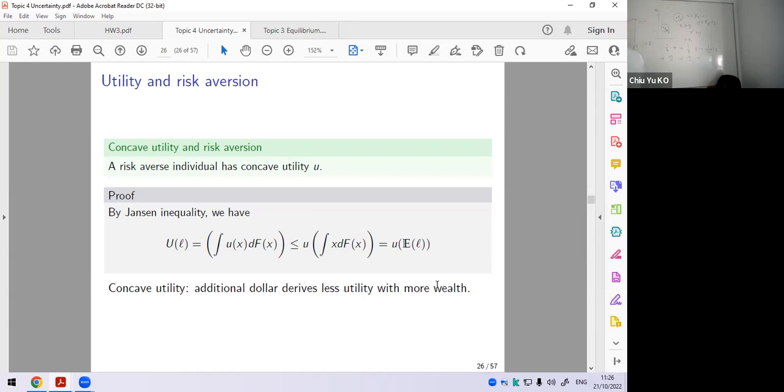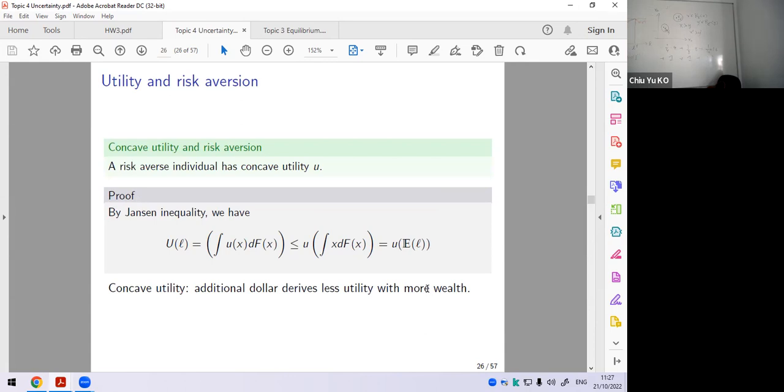Is that clear? If you learned principles, this graph is already there. Maybe I should add this graph to the slide. It's a very standard graph of expected utility. Just two lotteries: the expected utility is here, and the utility of the expected value will be higher. Is that okay?